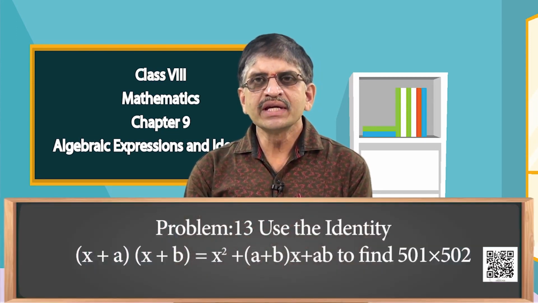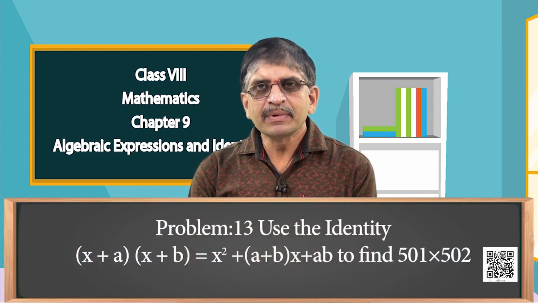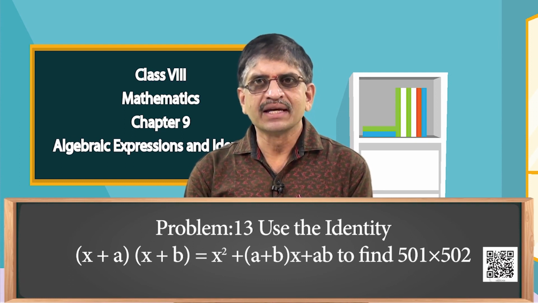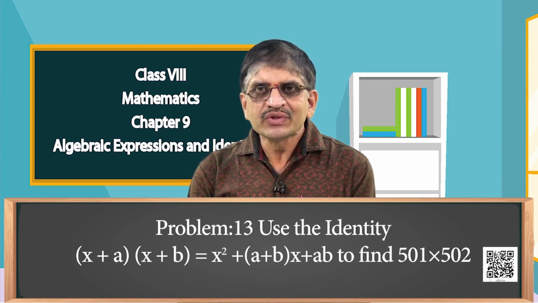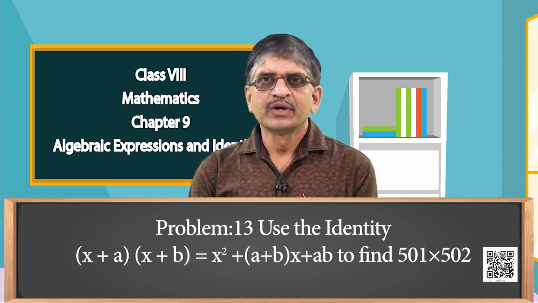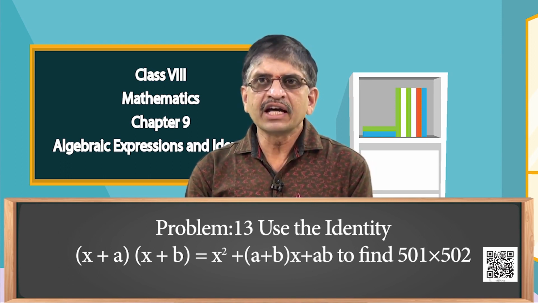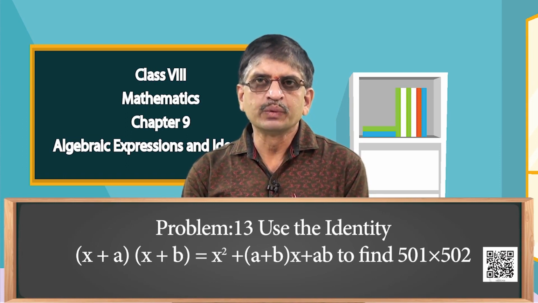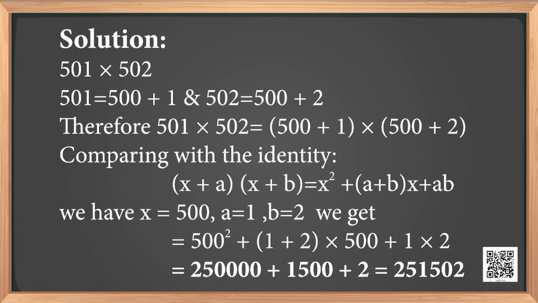Problem number 13. Use the identity (x + a)(x + b) = x² + (a + b)x + ab to find 501 × 502. Solution: 501 × 502.